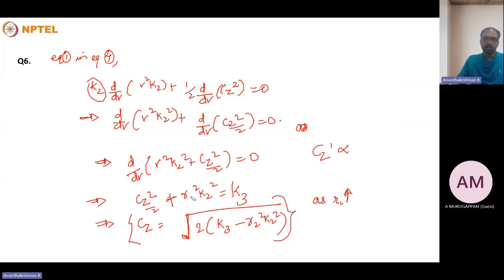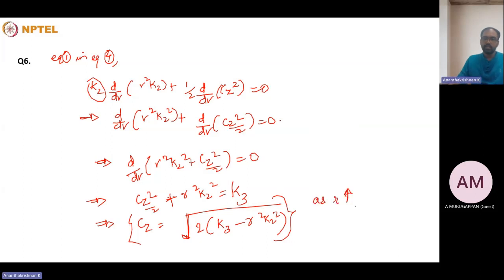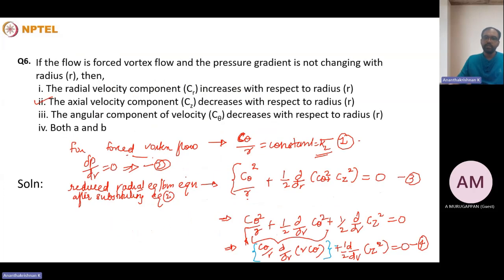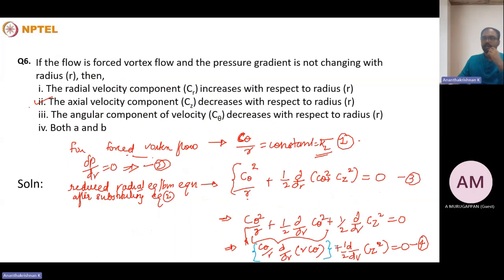This is r only. As r increases, cz decreases. So the variation of axial velocity component is that it decreases with respect to radius r, and it follows this particular equation. So option 2 is the right answer.